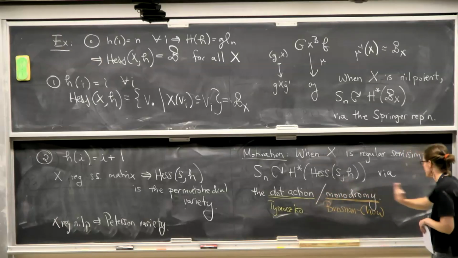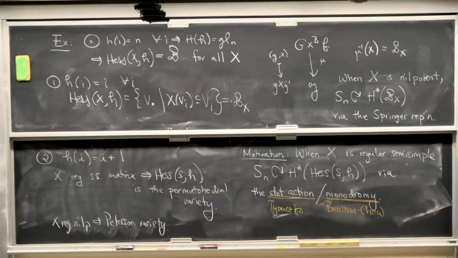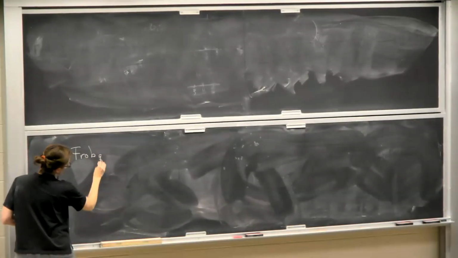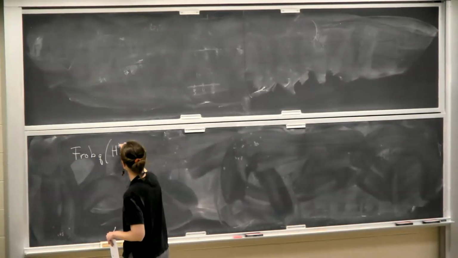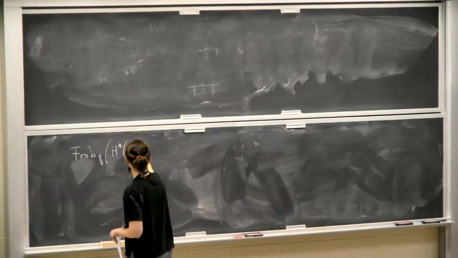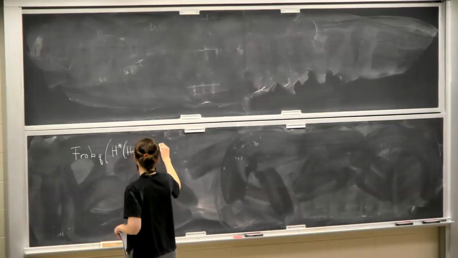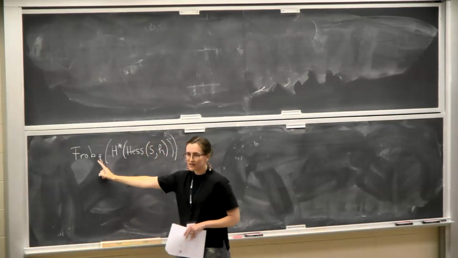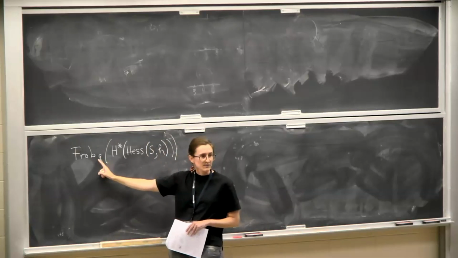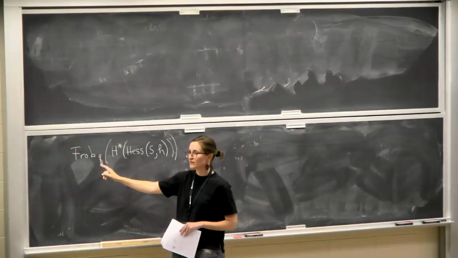So let me write the formal statement on the board. If you apply the Frobenius map to this representation, I'm just decorating with a Q here because this is a graded thing, so I'm going to keep track of the grading.